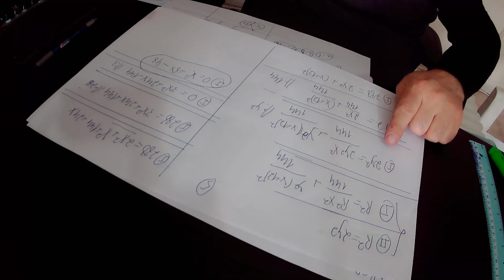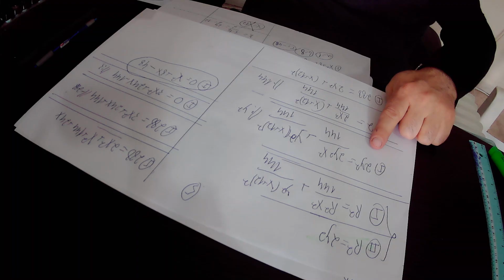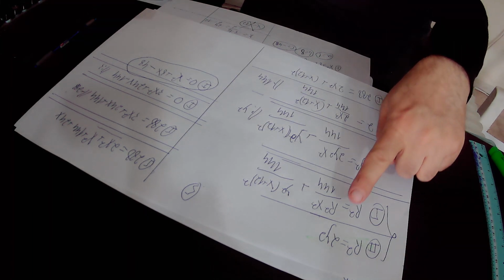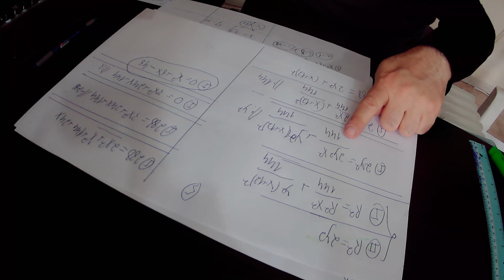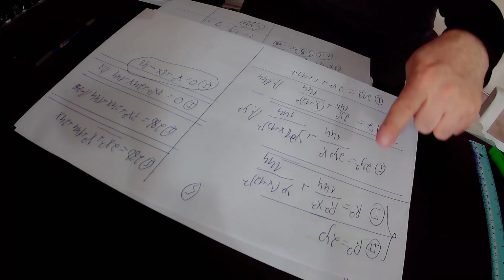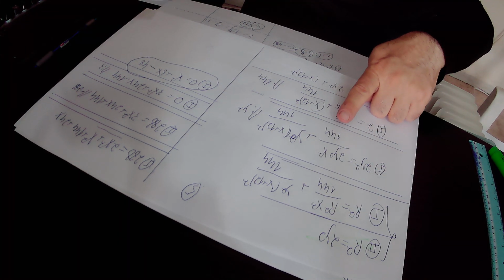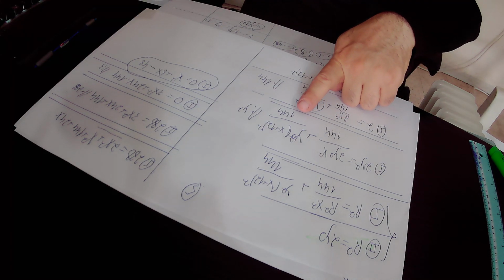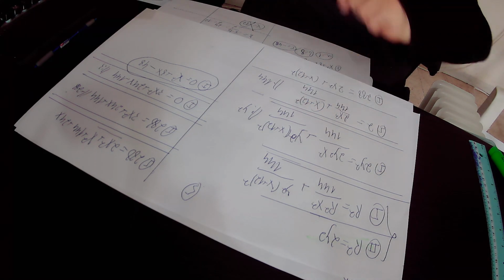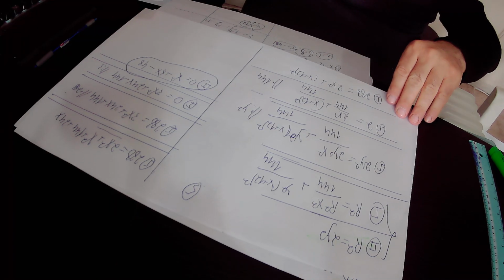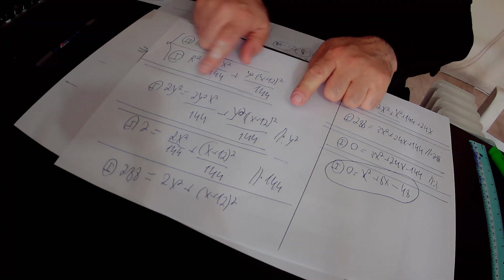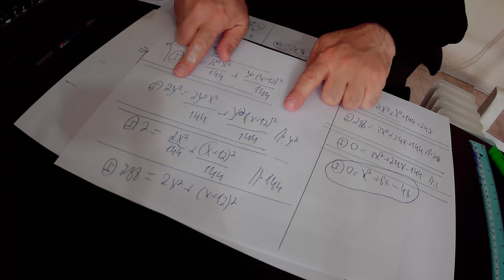We did it and found out that according to equation 1, R squared is 2y squared, equal to 2y squared times x squared over 144 plus y squared times (x plus 12) squared over 144. Here we divided this equation 1 by y squared.